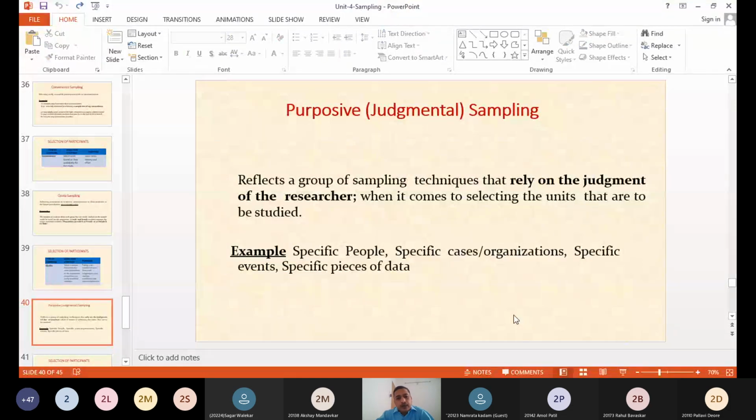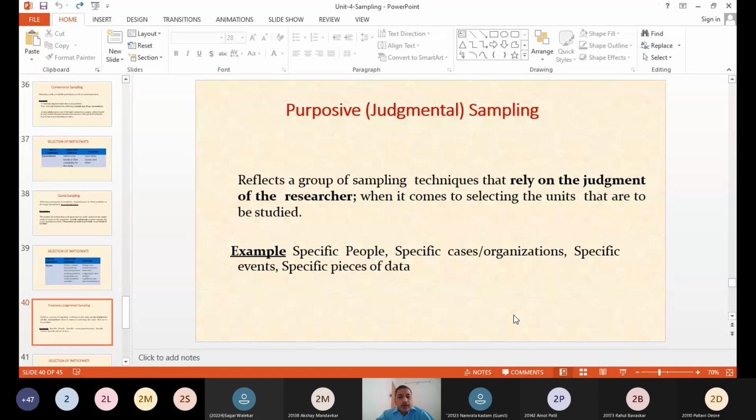So in a particular research, for example, if a researcher wants to study the effectiveness of a particular advertising campaign, he may select a few retailers which he feels are more informative, or more active, or who may give correct information.